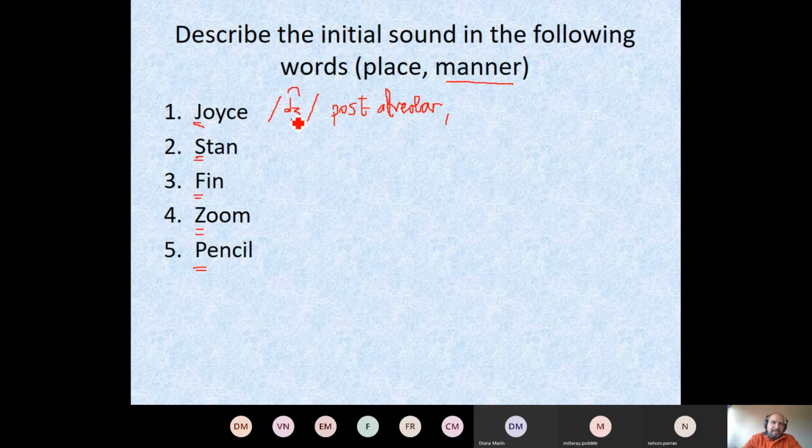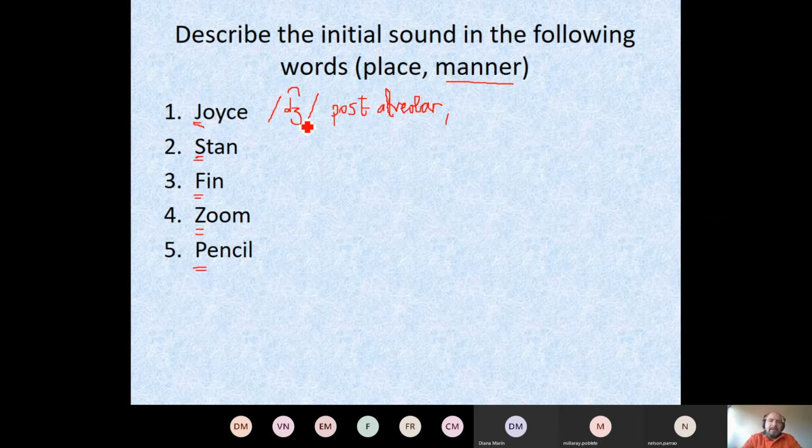Because when you produce a fricative, you can keep producing the fricative for a long time. For example, when you say that, that is a fricative, and you can keep going on and on. The same when you say this or that, those are fricative sounds, and you can keep producing them for a long time.